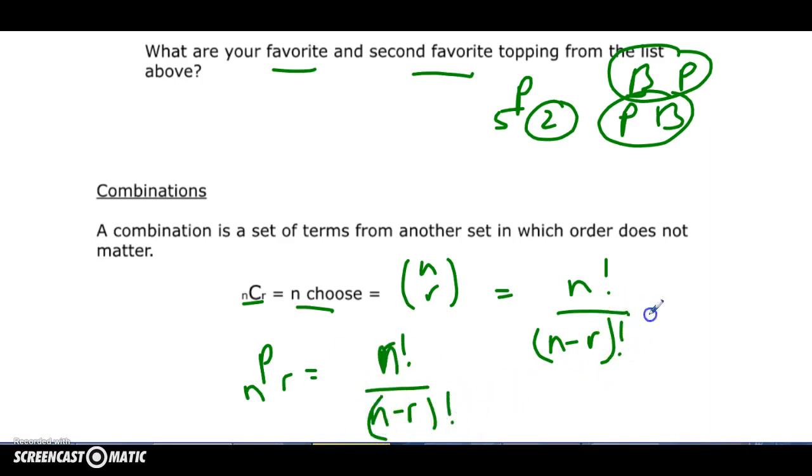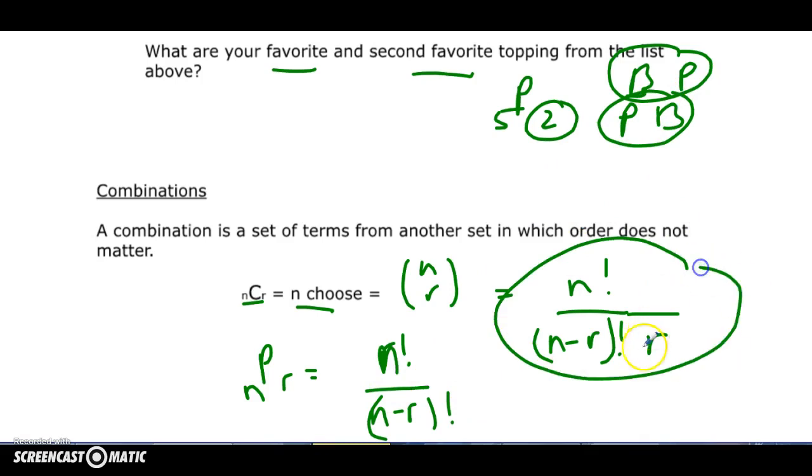But we also divide by one more thing, and that is r. So r itself gets in there. What we're doing here is getting rid of all the unique orderings that we don't want anymore. Before, we said that B then P and P then B are different, but now they are not. So we're going to divide by a little bit more, and that's r factorial.